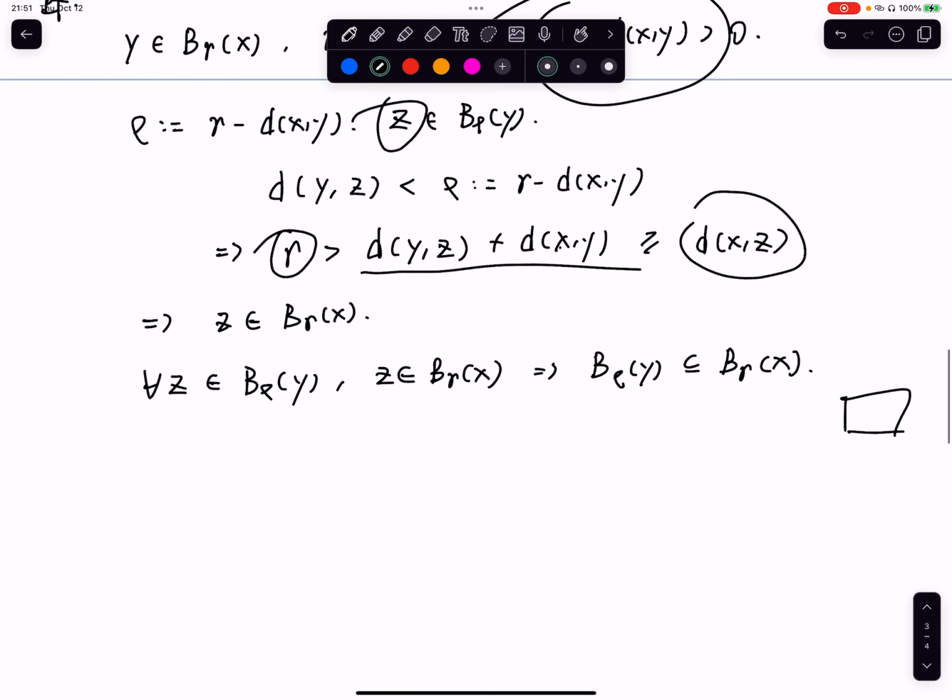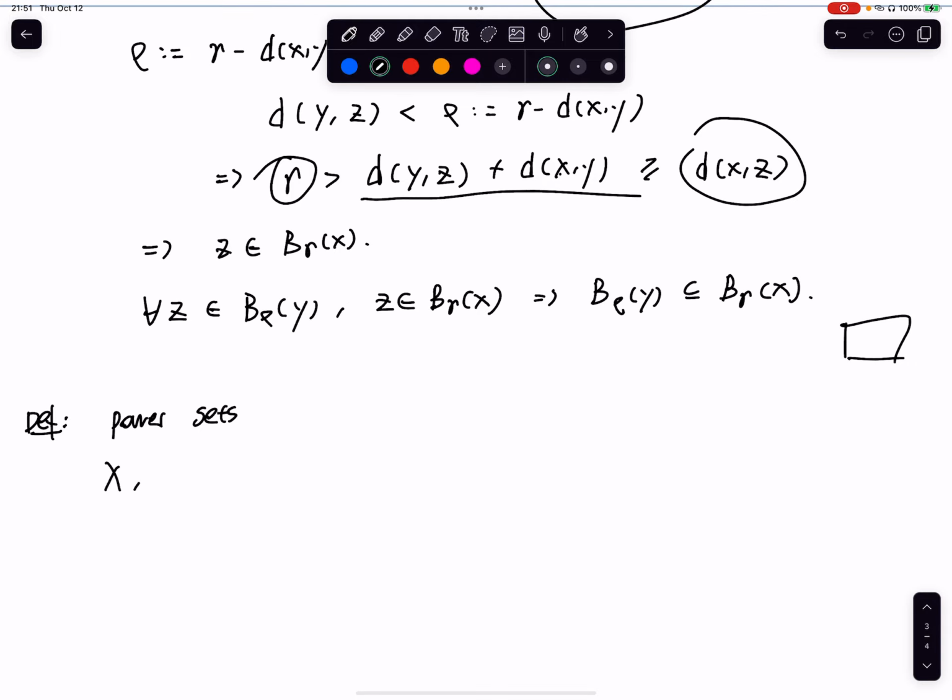Now we introduce the power set, or we recall the definition of the power set. Given a set X, the power set of X, denoted by P(X), where P is script P, is the collection of all subsets of X, including the empty set and the whole space itself.